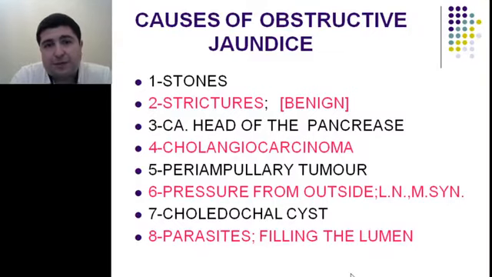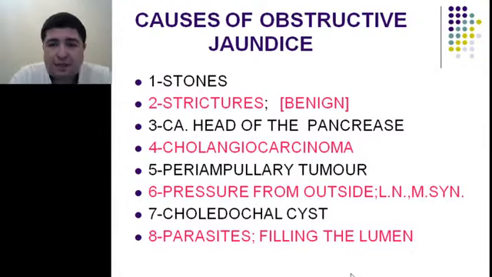Fourth is cholangiocarcinoma, a malignant tumor of the bile ducts, when the tumor forms and grows inside the common bile duct. Fifth is a periampullary tumor, a tumor of the ampulla of Vater. Of course, this can usually be benign also, and malignant.